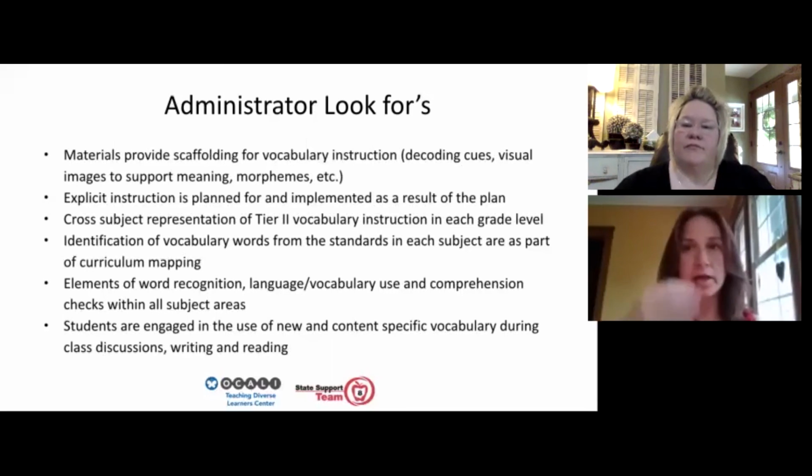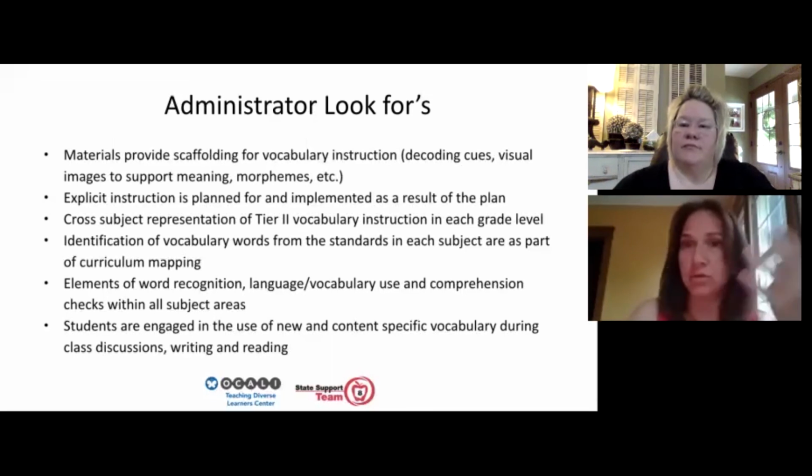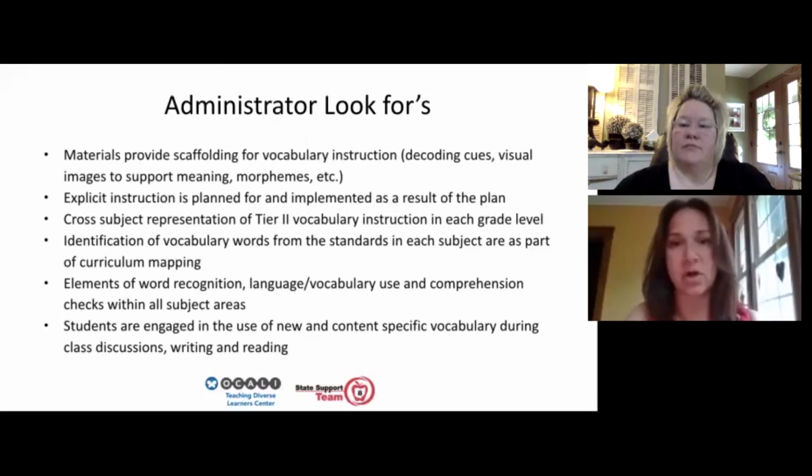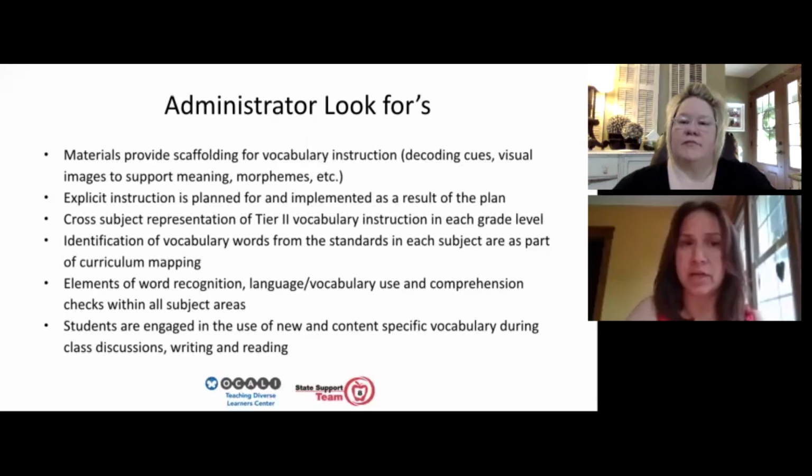Shauna and I were talking earlier about the amount of talk ratio, teacher talk versus student talk. And if you watch Anita Archer's videos around explicit instruction for vocabulary, the students are talking more than she is. They're engaging with the word. They're not passive participants within that.